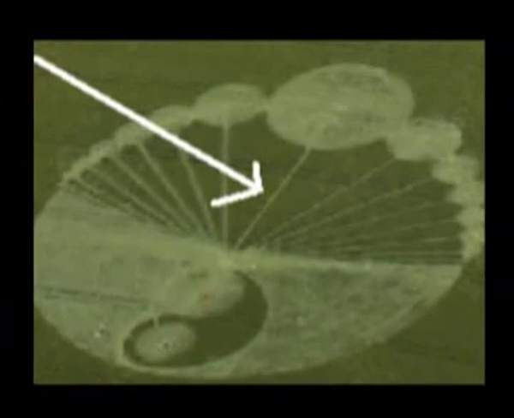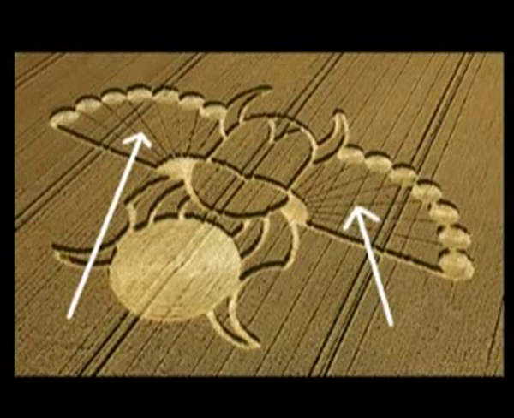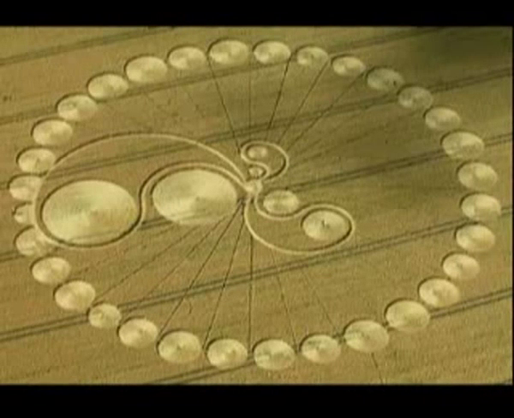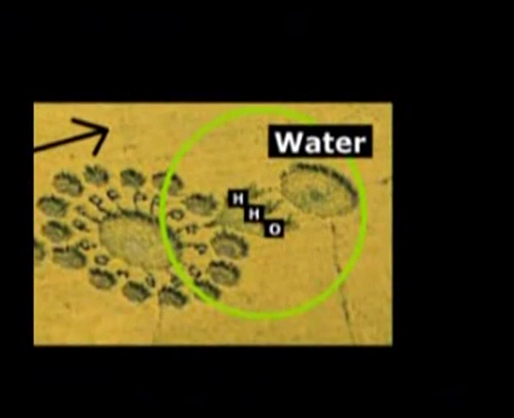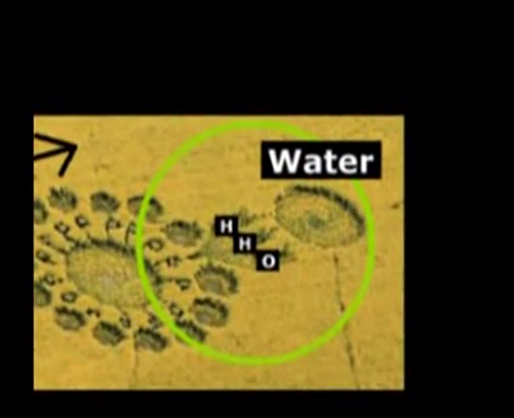There are many examples which show microwaves leading into the circles. So we know that microwaves are related here. The microwaves are part of what's responsible for the hydrogen turning back into water.